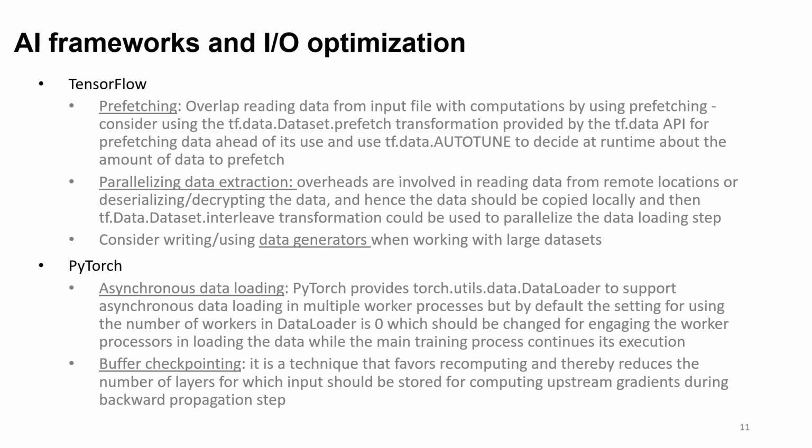There's a class called DataLoader that is available in PyTorch, which can be used for this purpose. By default, the setting for the number of workers in DataLoader is 0, and this should be changed for engaging multiple worker processes in loading the data while the main training process continues its execution.